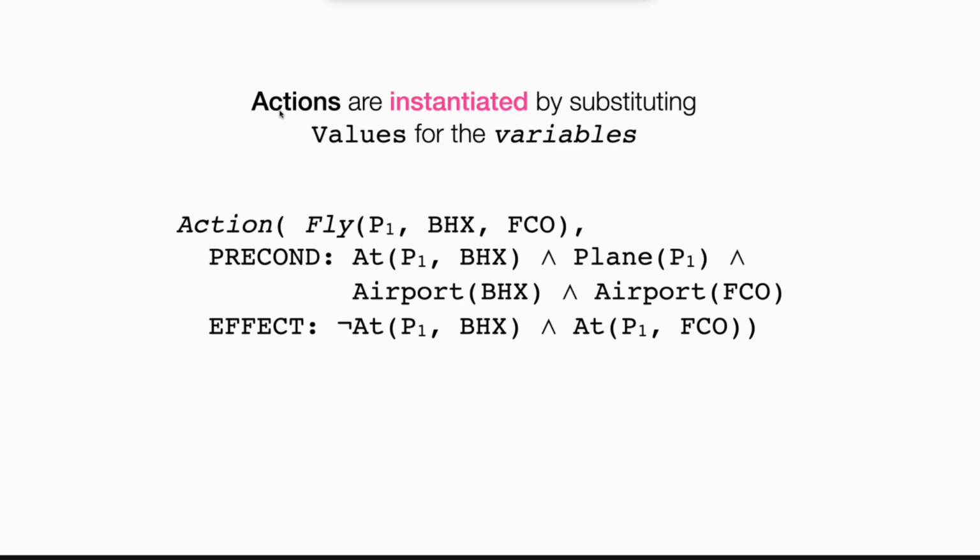Boats don't swim. Sail. Boats sail. You'd have a fly action and a sail action, and the precondition of the fly action would contain plane, and the sail action would be boat. And then when you expanded the state, you could see, can I apply fly or can I apply sail?